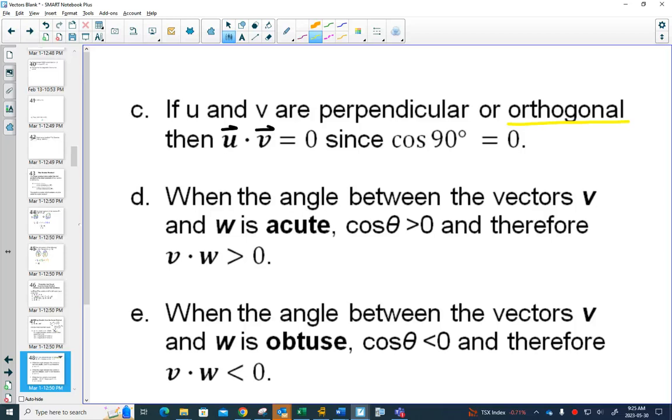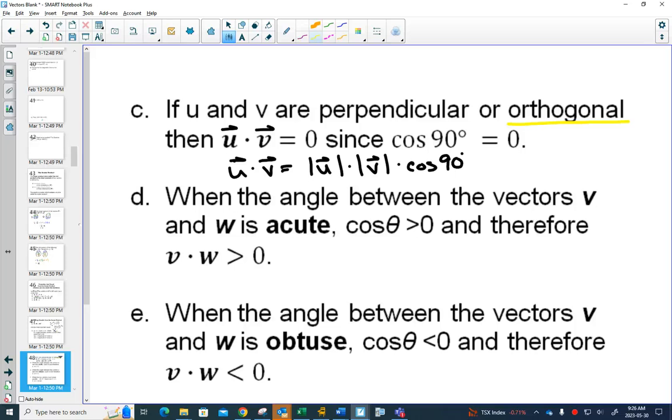So, because your dot product is equal to the length of u times the length of v times cos of 90 degrees. And if you have two vectors, none of those vectors would have a length of 0. They'd actually have a length. If there's an angle between them, they have to have a length.